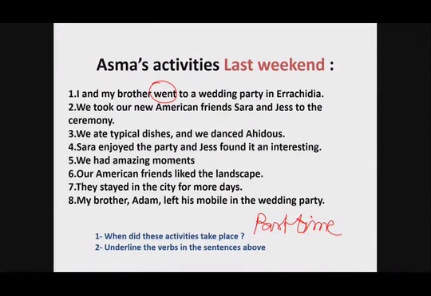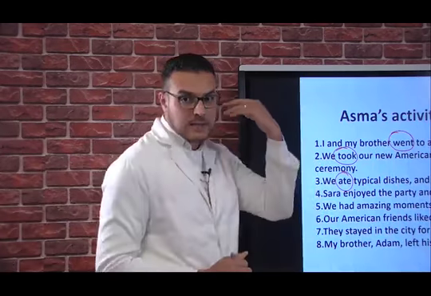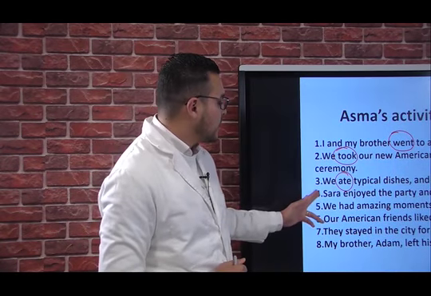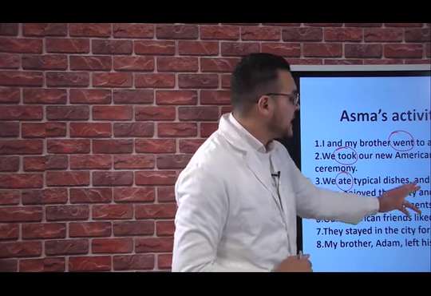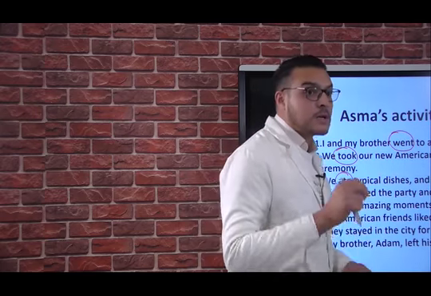3. We ate typical dishes and we danced a hidus. So the verb in here is ate, which is the verb to eat in the simple past. 4. Sarah enjoyed the party and Jess found it interesting.